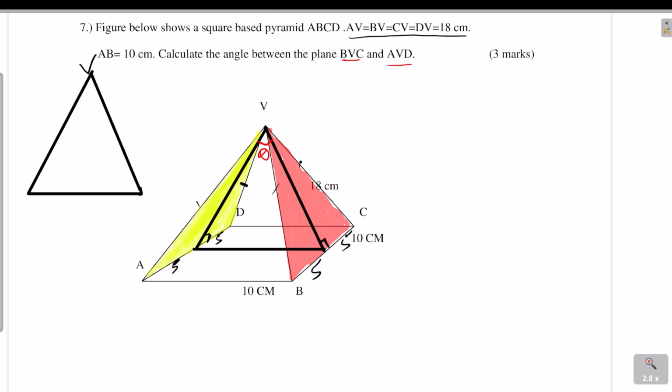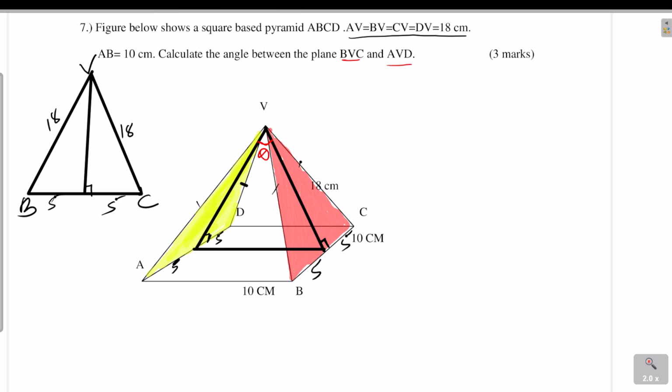Those triangles that I've shaded, one in red and the other one in yellow, are equal. So we have VBC, this is what I'm extracting. So the slant height VC is 18. This one is 18. And then this one is 5. Then this one is 5.